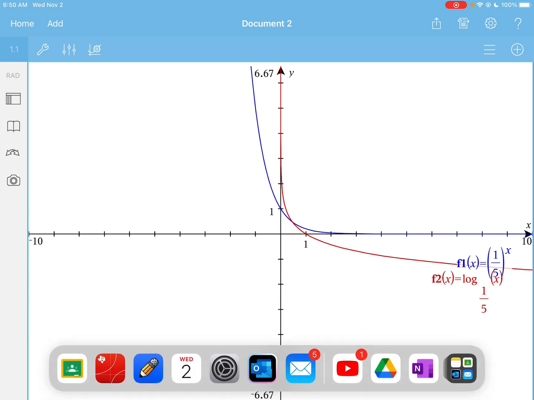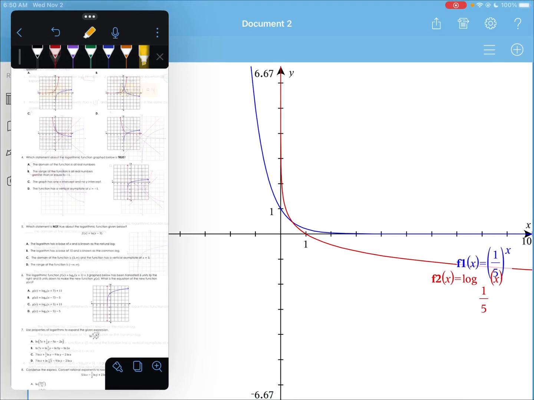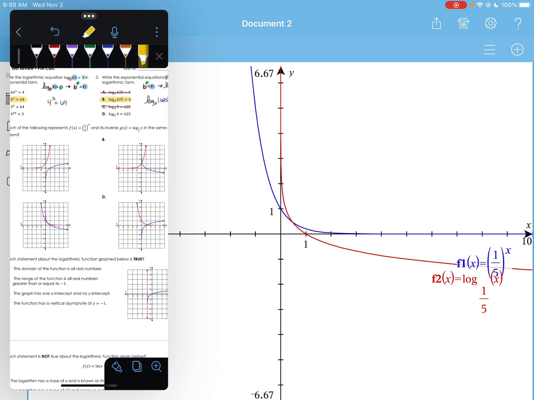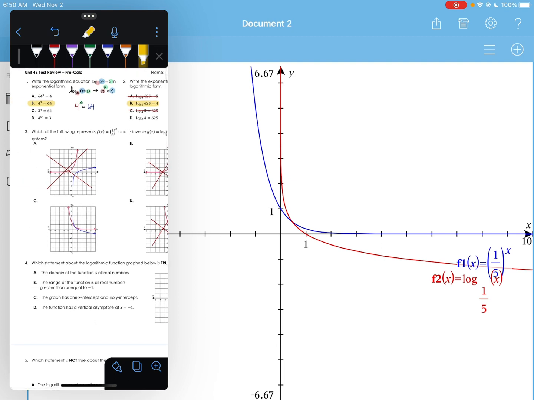I'm going to put my notes on top so we can see which one it looks most like. It does not look like answer choice A. It does not look like answer choice B. And it does not look like answer choice D. So it would be answer choice C.